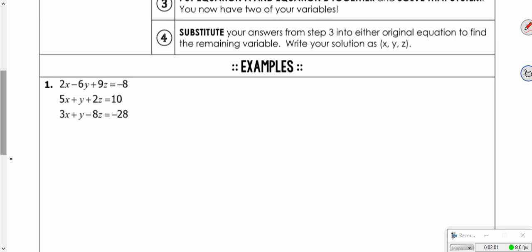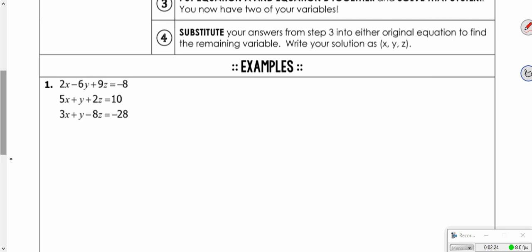Looking at this example, again, my motto is work smarter, not harder. So which would be the easiest variable that you could manipulate to eliminate from a couple of equations?